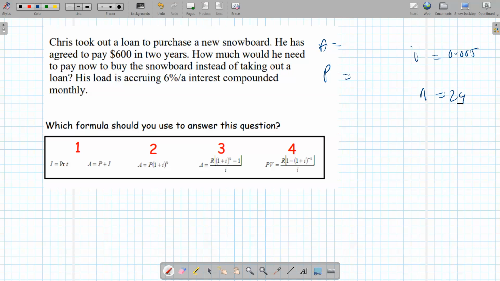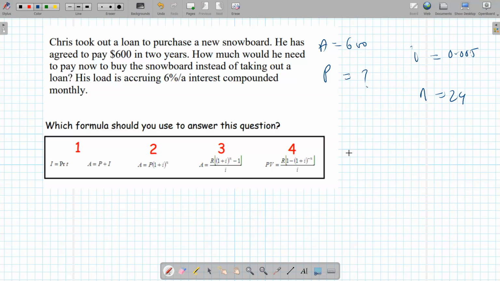Yeah, 24. What about between A and P? Is 600 your A or is it P? A is 600. Yeah, that's right. A is 600. And you're trying to find P, yeah?